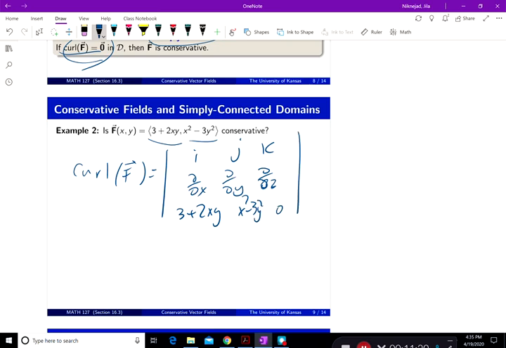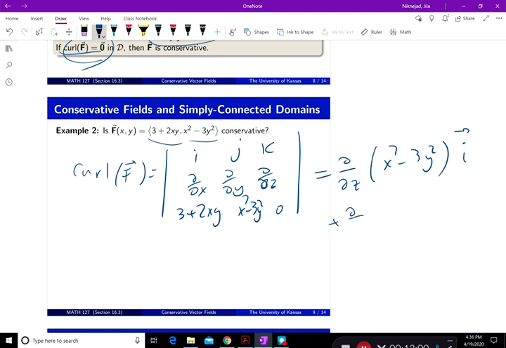And so what we learned is to find this, basically I have to cover this side and this side, and then I will get the partial with respect to z of x squared minus 3y squared, z, x, and y. This is going to be 0. So the first component is 0. And this is always the case when you have a two-dimensional vector field and you're finding a curl.